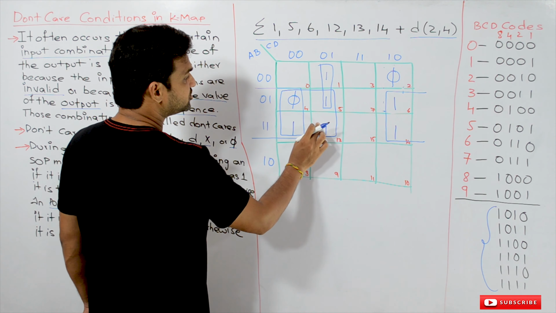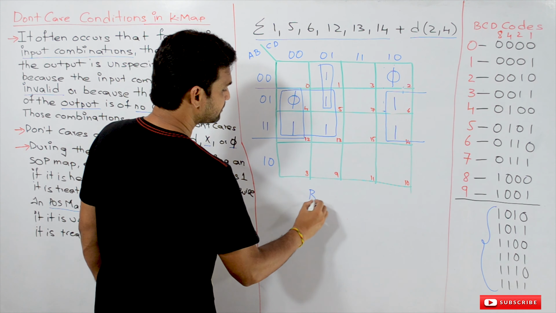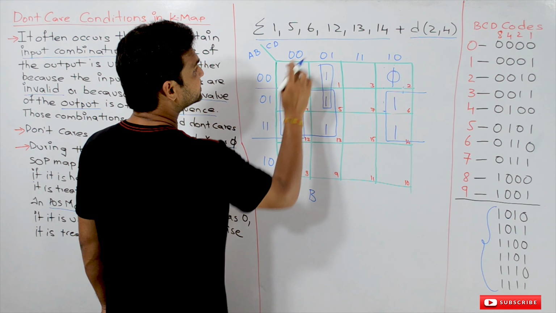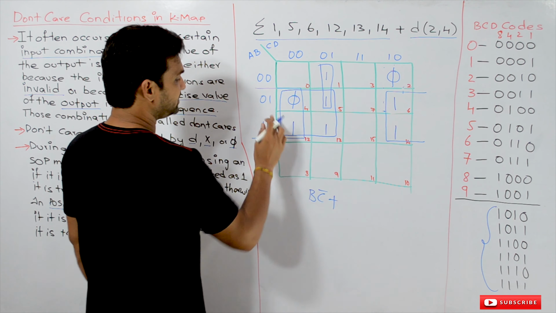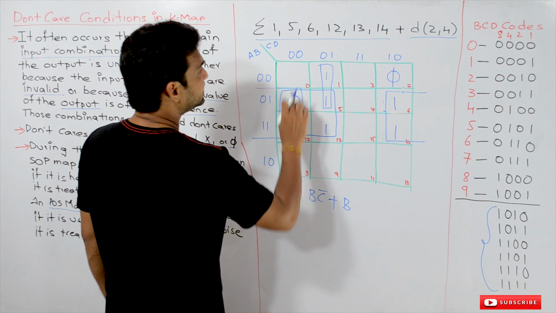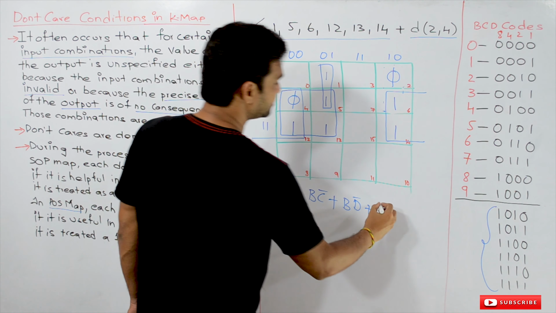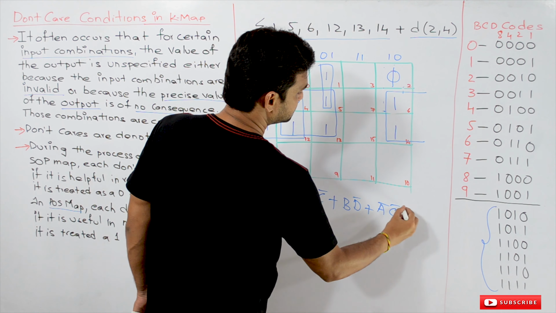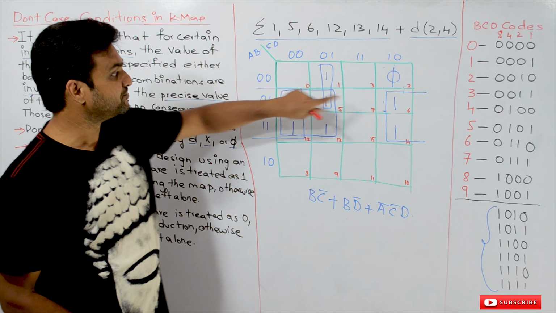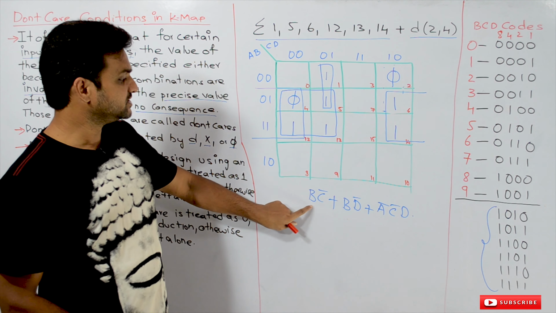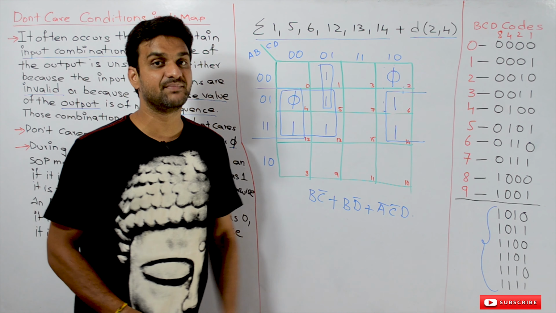For this subcube, it is B C bar, for the second subcube it is B D bar, and for this subcube it is A bar C bar D. So the minimized expression for this K map by using the don't cares is B C bar plus B D bar plus A bar C bar D.